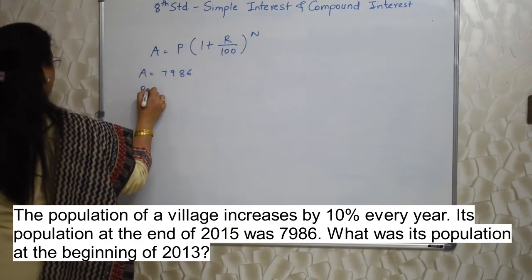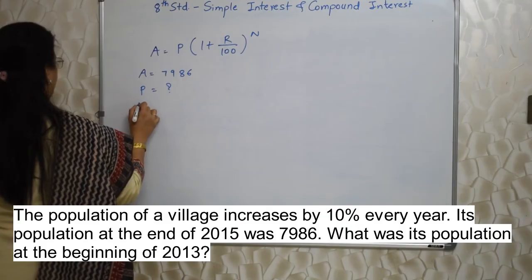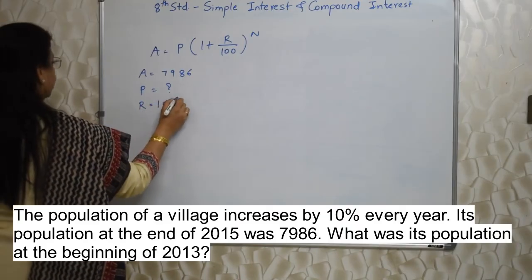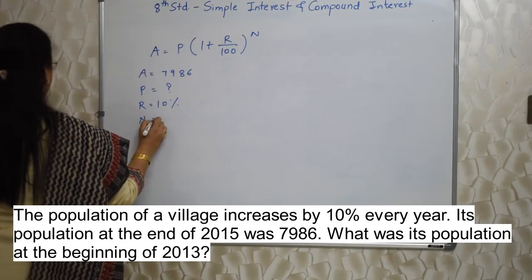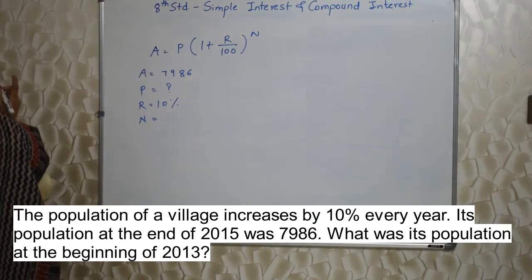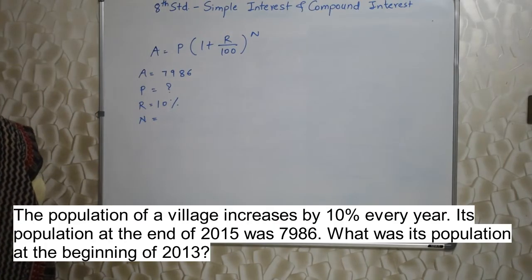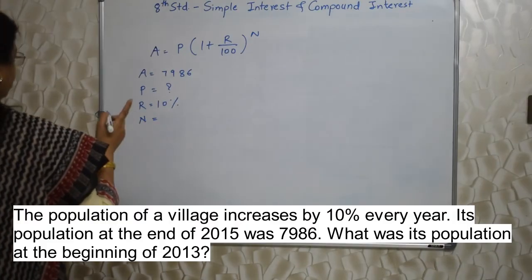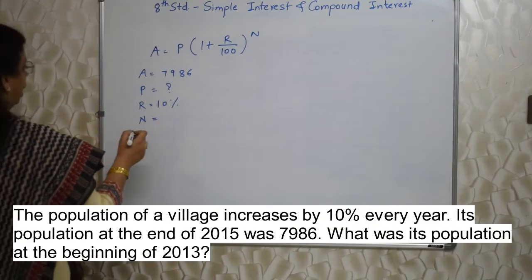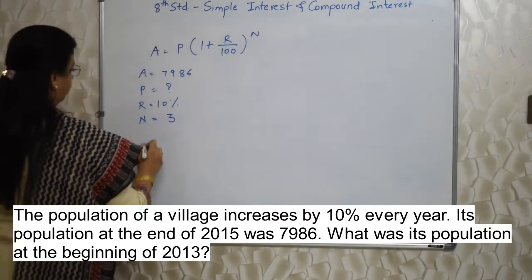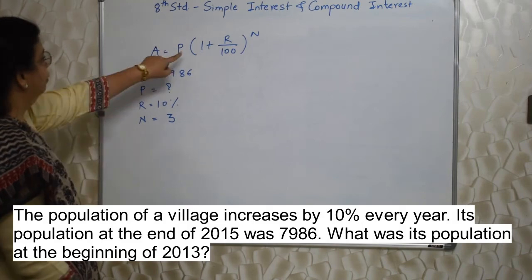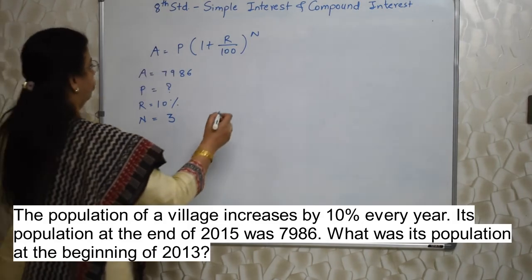P we don't know, they are telling us to find out P. R is how much? 10%. And N is, be careful, they are saying beginning of 13 and 2015 end is 7986. So actually years involved are not 2, they are 3. Please be careful there.